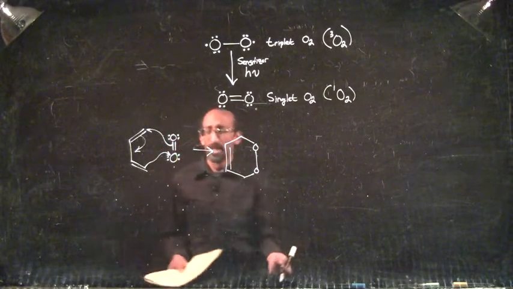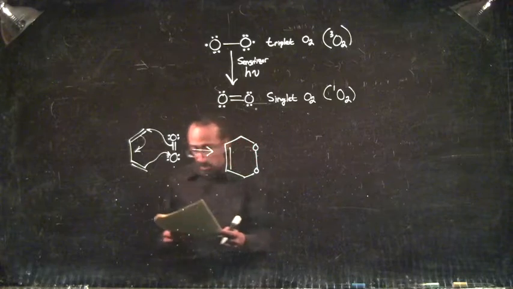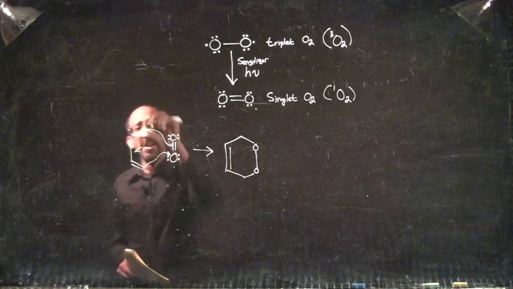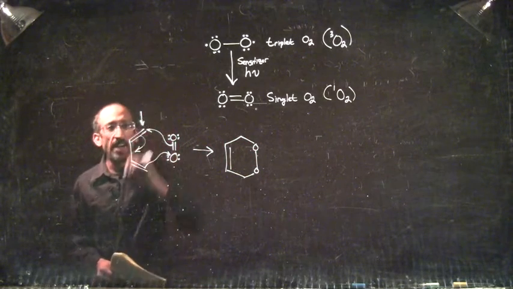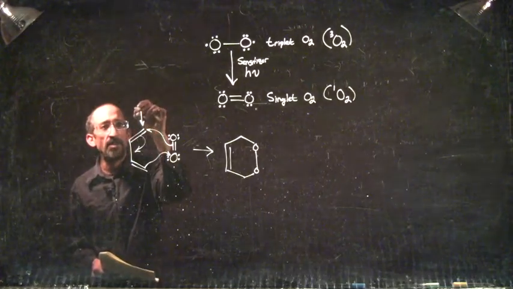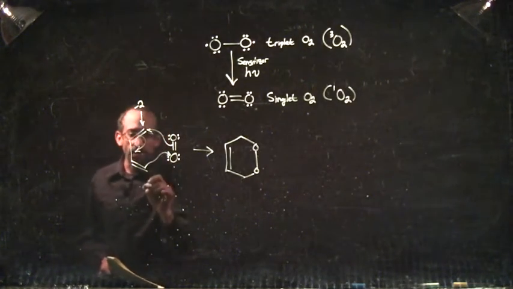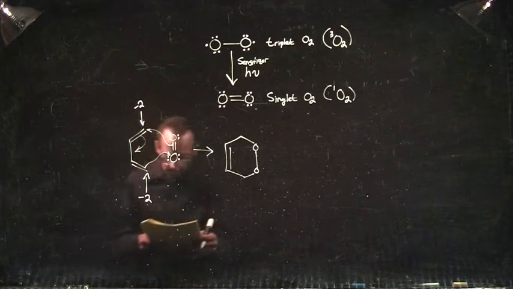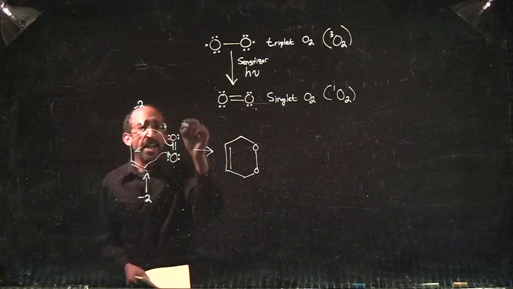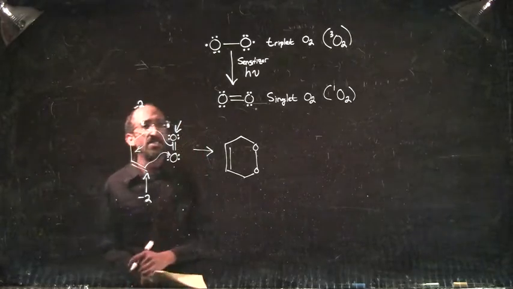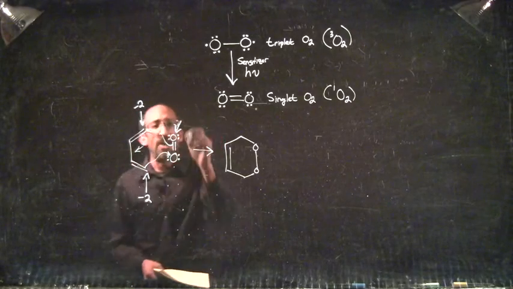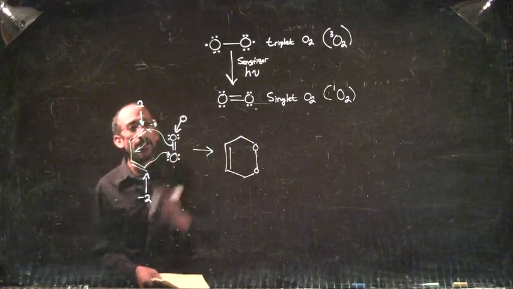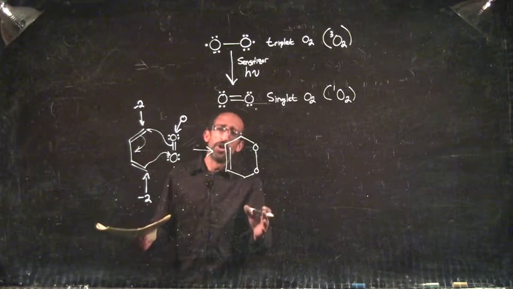So this is formally an oxidation, and the way we know this is an oxidation is if we look at the oxidation number for that alkene carbon, it starts off as a -2. So does this alkene carbon, starts off as a -2. And each of these oxygen atoms in singlet oxygen starts off at an oxidation state of 0. It's okay if you don't believe me.